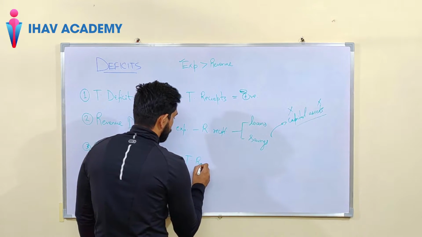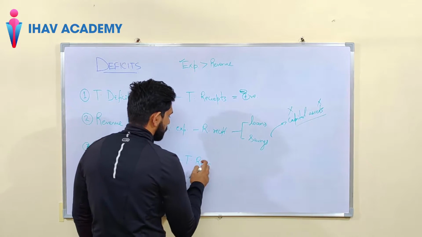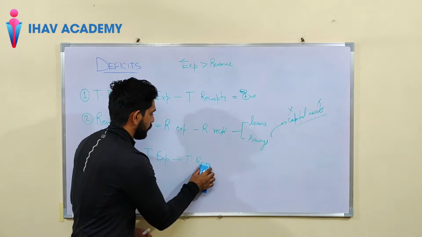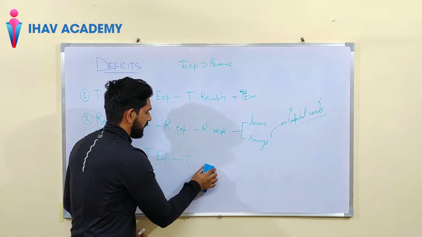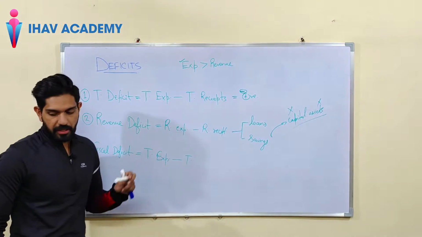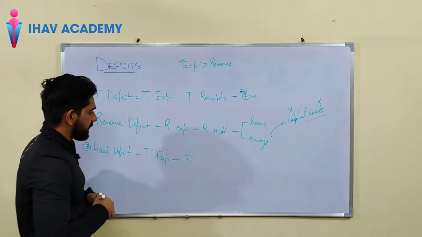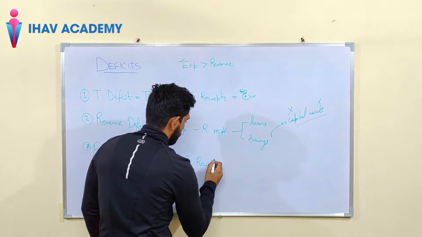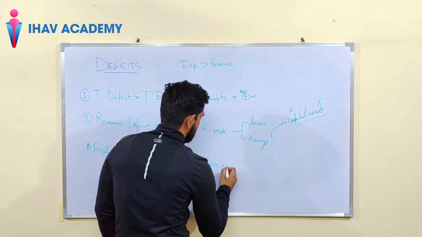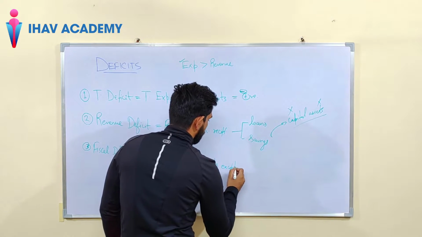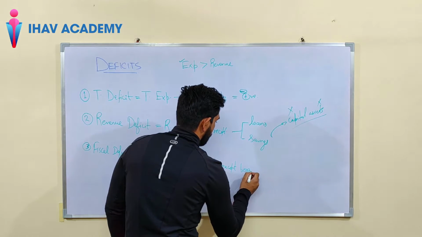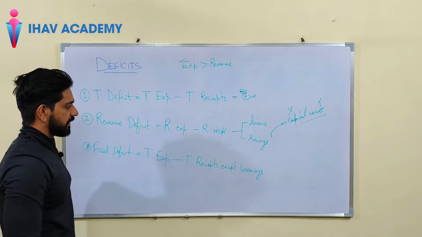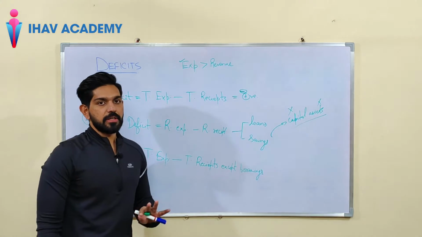Total receipts, रेवेन्यू तो दूसरी टर्म आ जाएगी ना, मीनिंग तो सेम है बट हम रिसीट्स यूज़ कर रहे हैं. Total receipts except borrowings. So now we are excluding the borrowings from the receipts part.